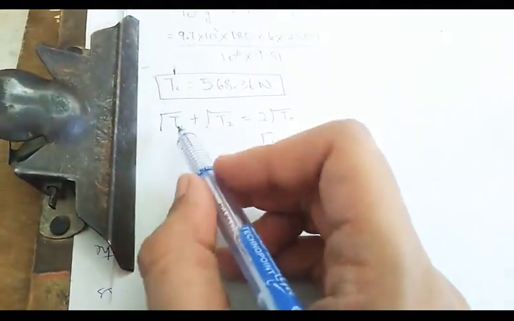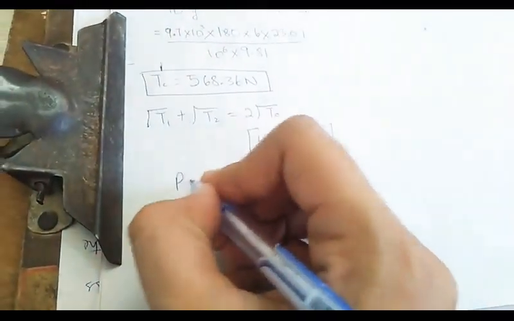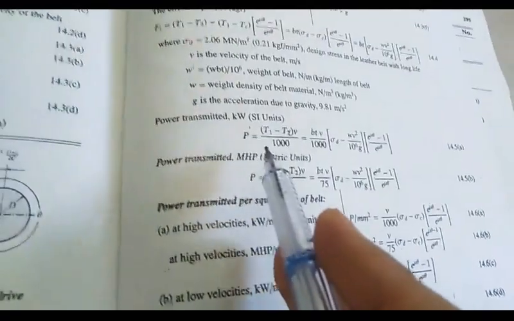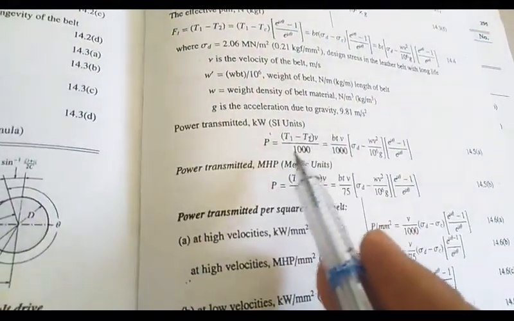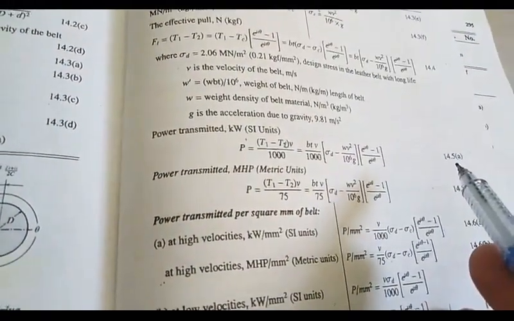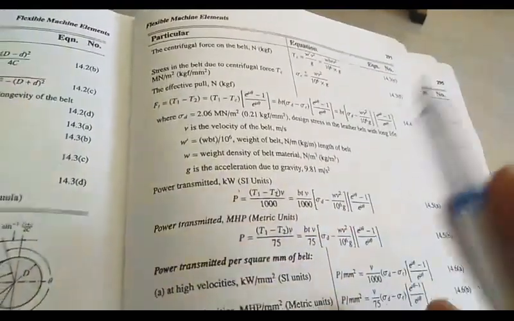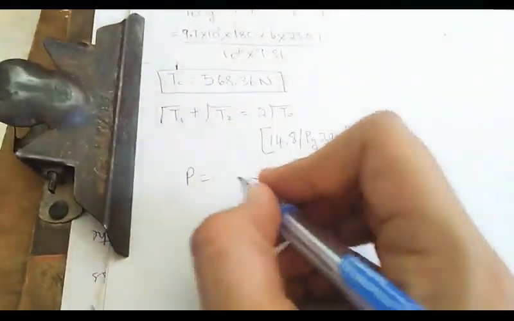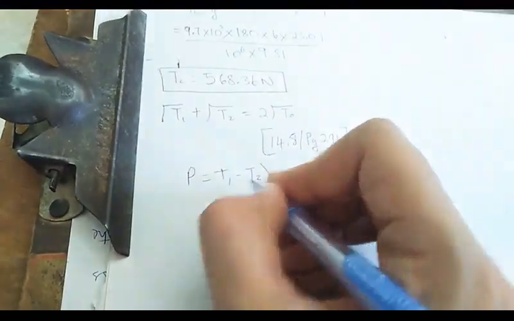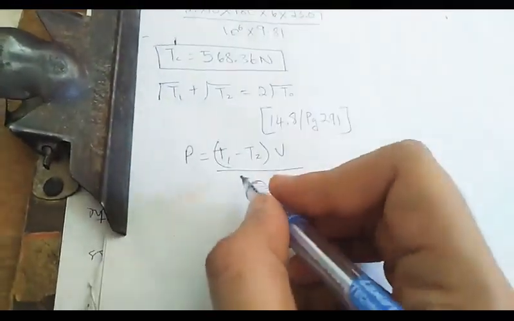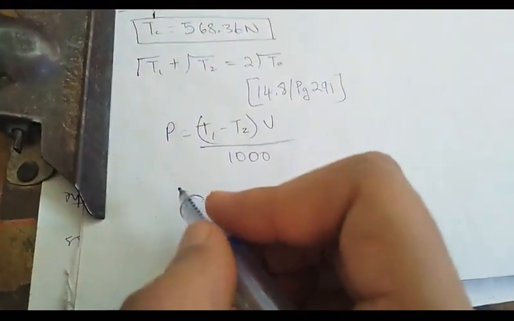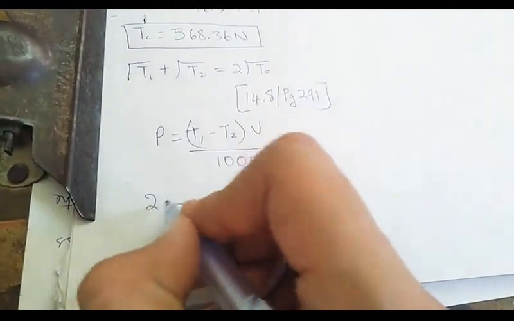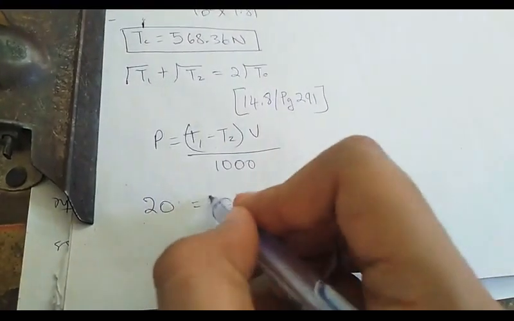So we are unaware of T1, T2, T0, so we shall take the formula of power. Power P is equal to (T1 minus T2) into V by 1000, equation 14.5a, page number 291. Power is given in the question as 20 kilowatts.